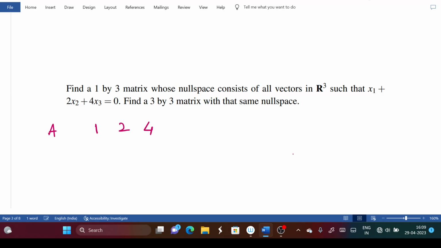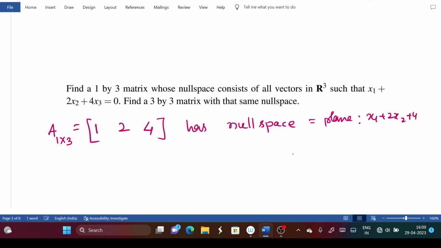This is my A, which is 1 by 3. This matrix has null space equal to the plane x1 plus 2x2 plus 4x3 is equal to 0. Because whenever I multiply with x1, x2, x3, I get 0. That means all the vectors satisfying these conditions, A times x is equal to 0, so x belongs to null space of A.